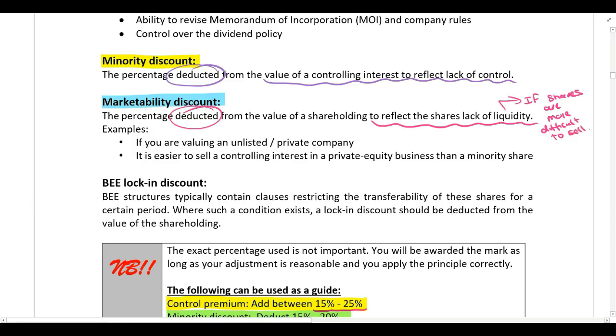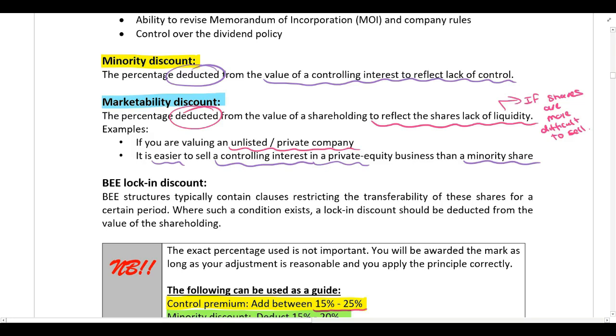So obviously, if you are valuing an unlisted or a private company, you should then deduct a marketability discount because it's more difficult to sell the shares in an unlisted or a private company compared to a listed company. It is also easier to sell a controlling interest in a private company than a minority share.